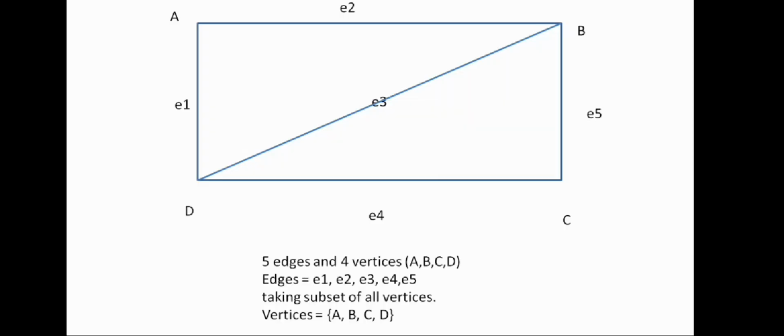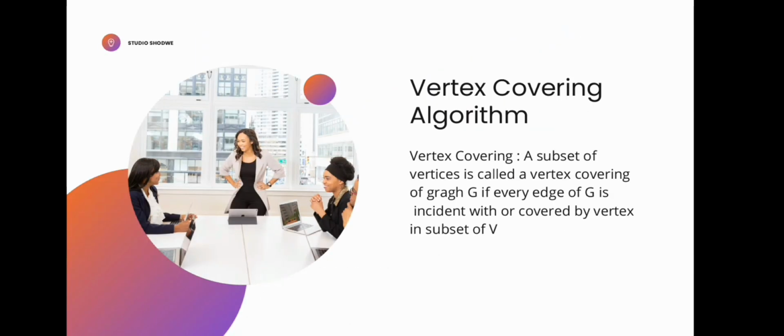So this is what is given in this theory explanation. A subset of vertices is called a vertex covering of a graph G if every edge of G is incident on, or covered by, a vertex in the subset of V, that is V1, V2, V3 and so on.